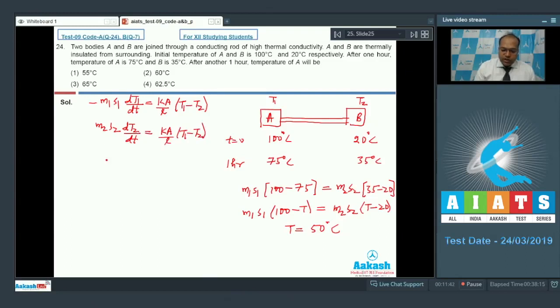From these two equations, if I solve, then d by dt of T1 minus T2 is equal to some constant into T1 minus T2.